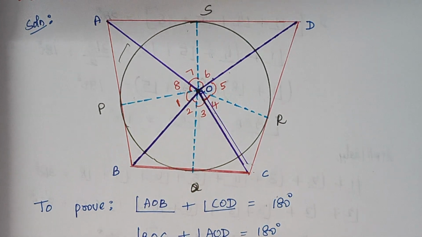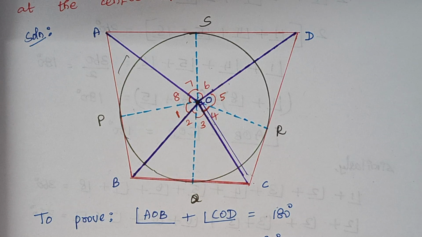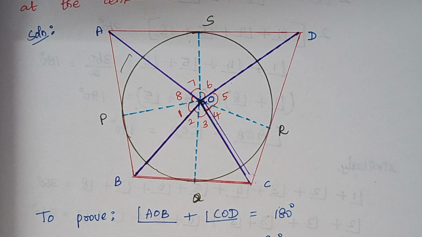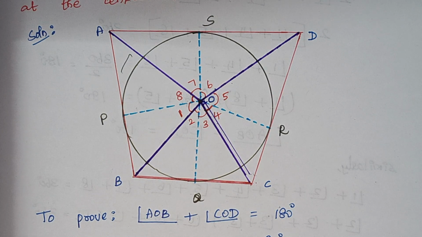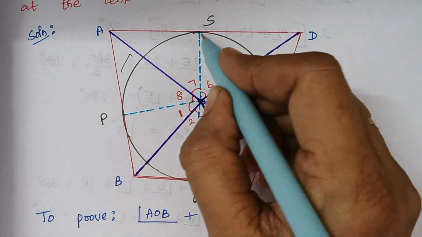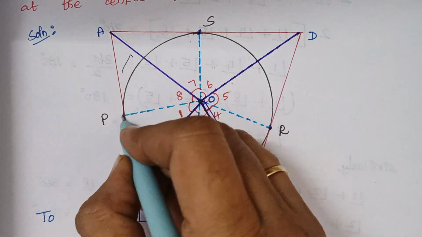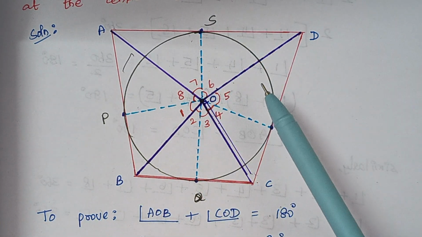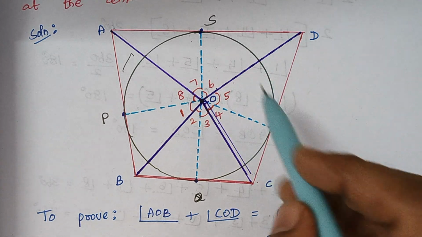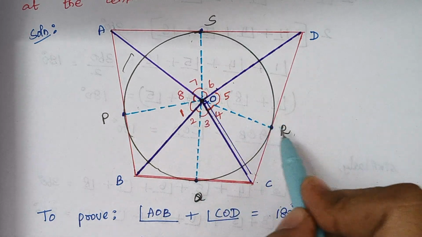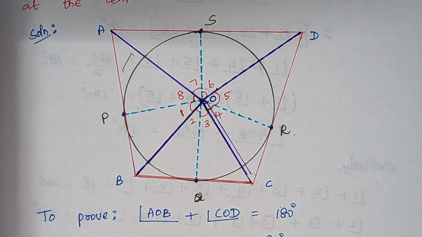In this case, we are doing some constructions. We are drawing some extra lines to prove that. Here we are establishing the points of contact and giving them names: P, Q, R and S. We connect lines from the center O to the points of contact.